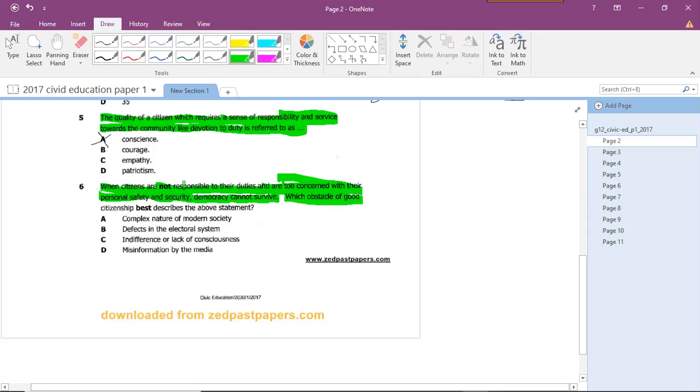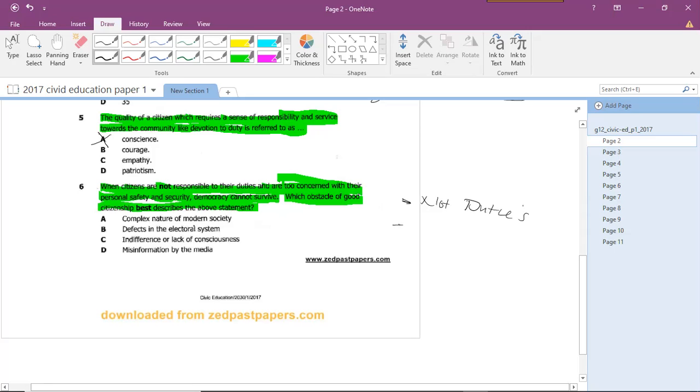Which obstacle of good citizenship best describes the statement above? So here we're looking at two things: not being concerned with performing their duties, or no duties being performed, and they are too concerned with their personal safety.